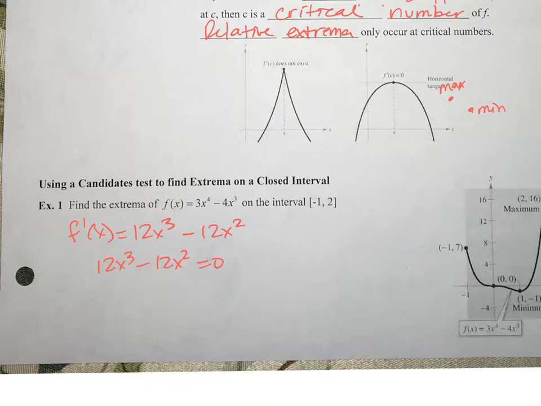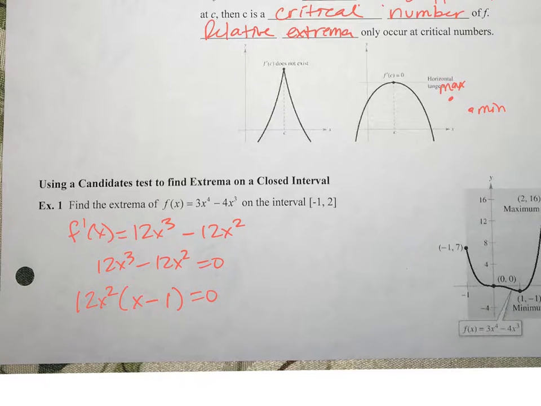So to solve for 0, let's go ahead and factor out a common factor of 12x squared out of these two terms. So 12x to the third divided by 12x squared would give us x, and then minus 12x squared divided by 12x squared is 1, and that's all equal to 0. So now we'll use our zero product property.